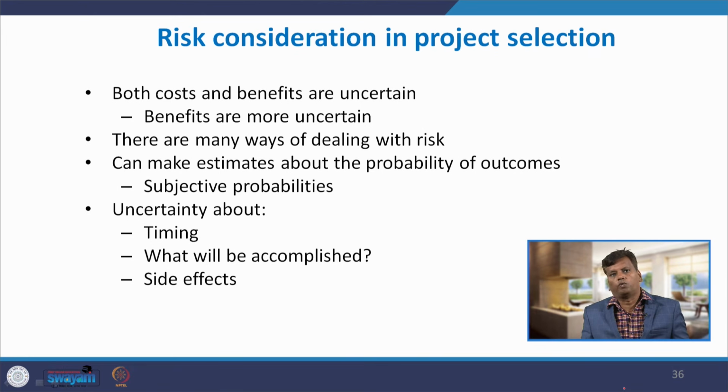The second one is what will be accomplished. Generally, project managers may promise a broad project scope, but we have to take care whether that can be accomplished or not, because that is another important uncertainty. And in many projects there will be side effects, negative externalities with respect to projects. That uncertainty also has to be considered while choosing the project.